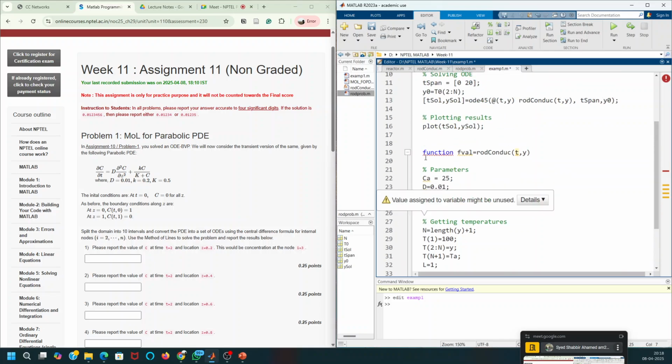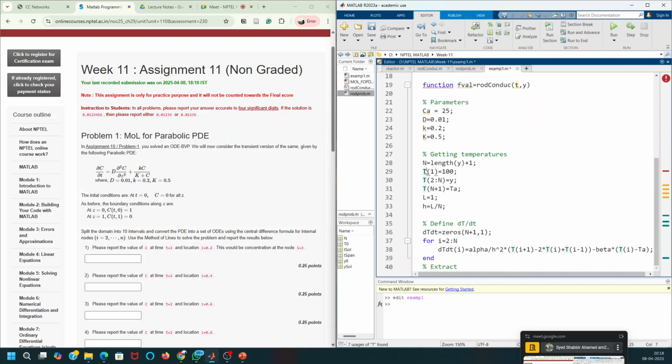And here we will use C because this is concentration. At the end, the concentration is Ca, which is 0 because it is given.